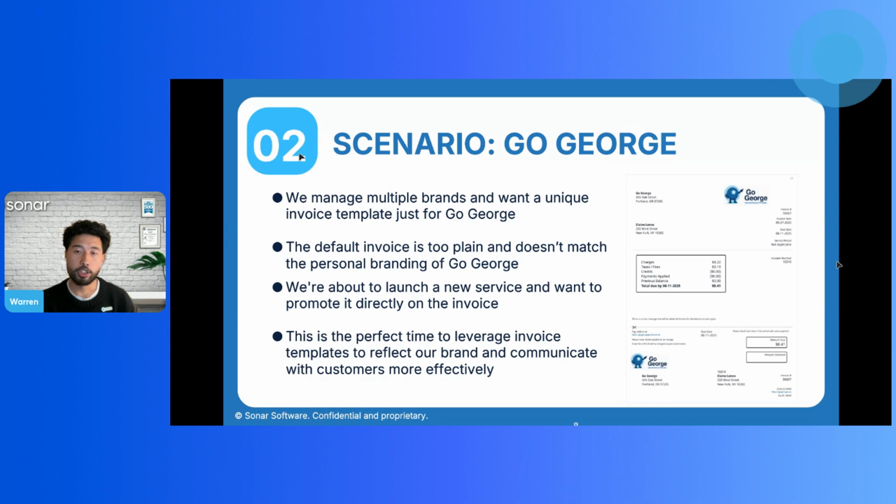We're also about to launch a new service under the Go George brand. And as we saw in the previous example, we want to promote it directly on the invoice. So this is exactly where custom invoice templates can come in. We're going to build a template just for Go George, making it match our brand's look and feel, and use that space to communicate directly with our subscribers.